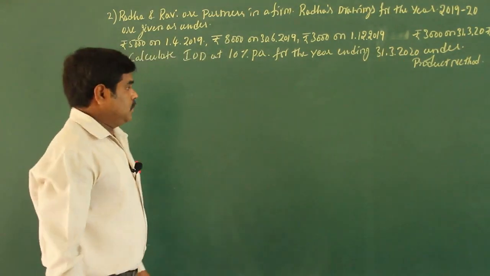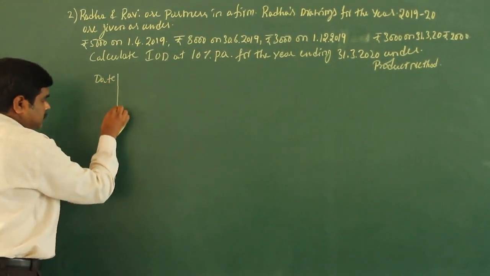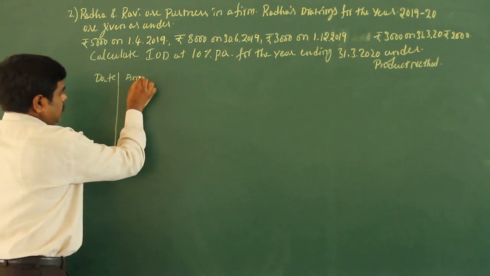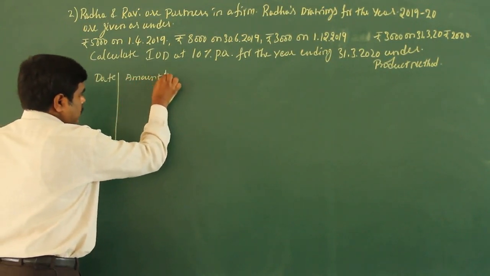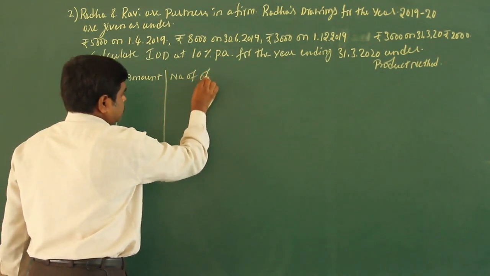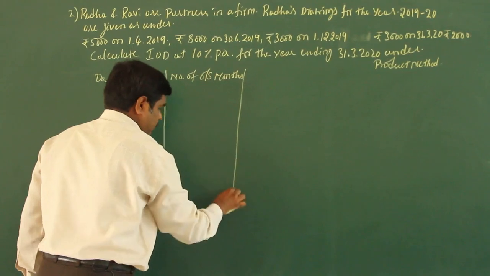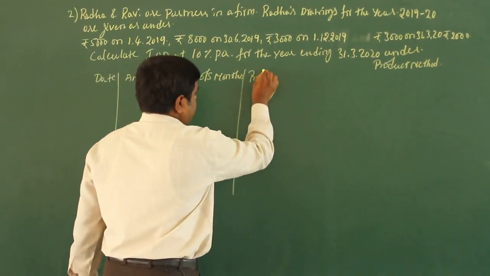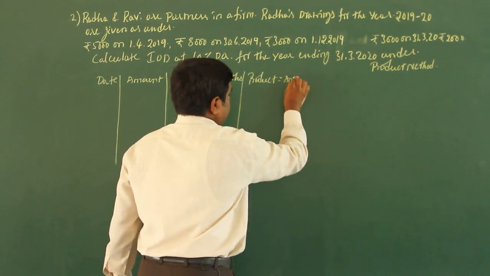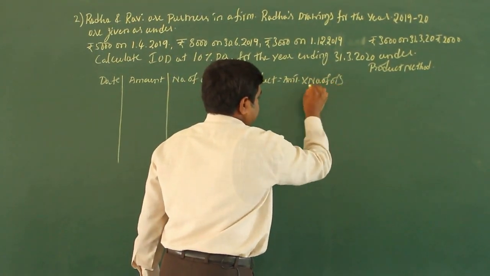As I already told you, first you have to draw 4 columns. First column date, next column amount, next column number of outstanding months, next column product, which is equal to amount into number of outstanding months.